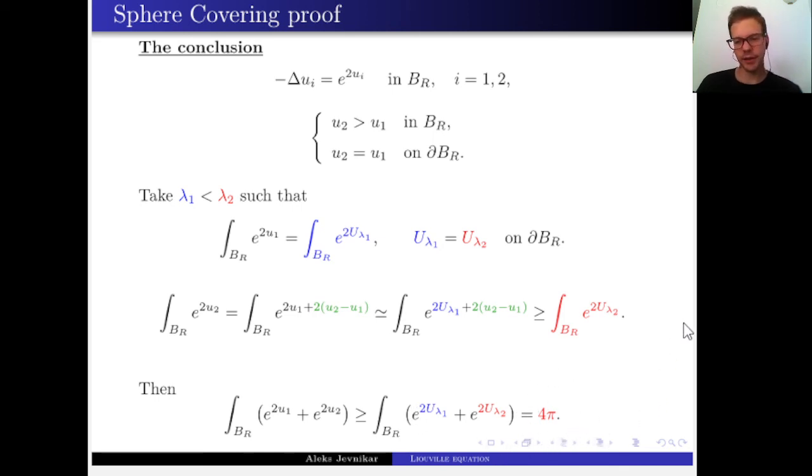So this gives somehow the idea of the sphere covering inequality in the regular case, and the singular case goes in a similar way. So this is what I wanted to say.